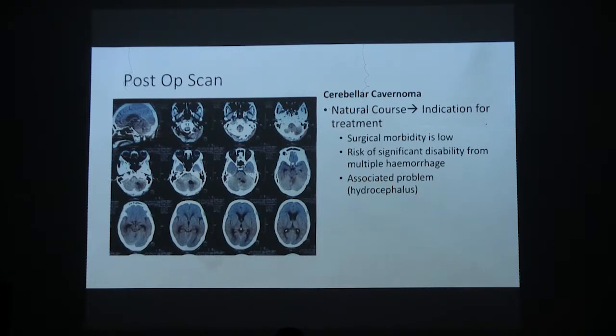This kind of cavernoma may some day cause problems, typically seizures, so we need to remove it. Some cavernomas may bleed, first bleed, and after that they never bleed again. So do we take it out? No, just follow it. Because the natural course of a cavernoma bleed is that they get worse at the beginning. It's a slow-flow bleed because it's coming from the cavernoma. It's not an arterial bleed.